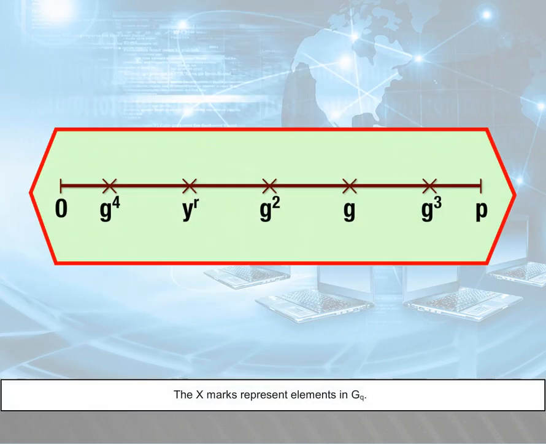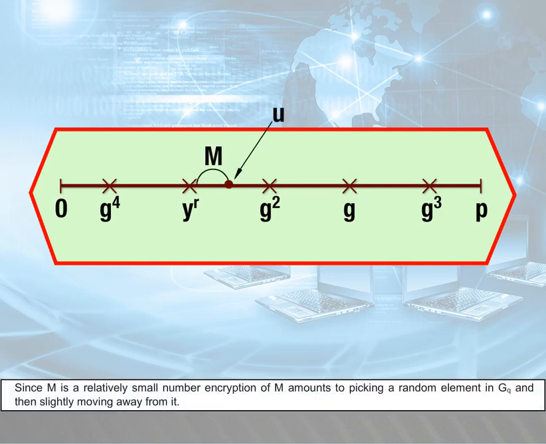The X marks represent elements in Gq. Since m is a relatively small number, encryption of m amounts to picking a random element in Gq and then slightly moving away from it. Assuming the elements of Gq are uniformly distributed in Zp*, the average gap between elements of Gq is much larger than m.